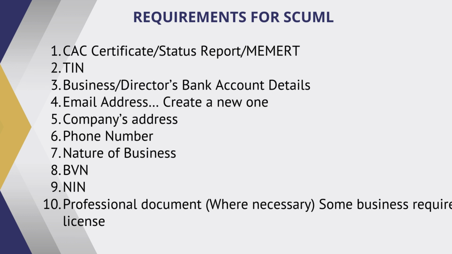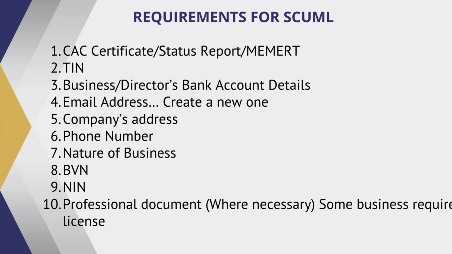So you need the CAC certificate, you need the status report, that's the application for status report, and you need your memorandum. You have to make sure that all these things are complete.